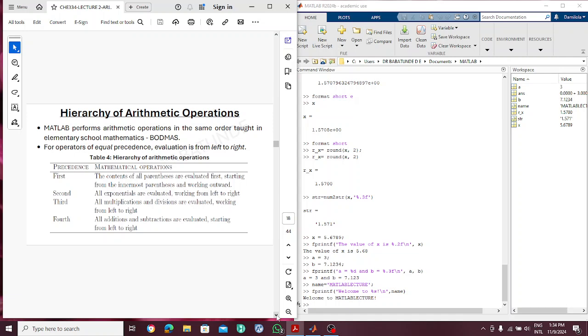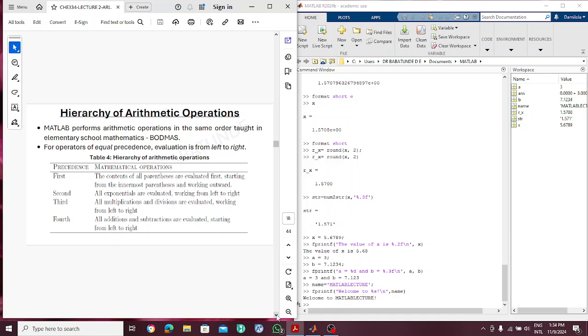Then after doing the computation for the parentheses, the next thing that is of higher precedence is the exponential, otherwise known as order. So if there are many exponential terms, it's going to work from left to right. So it treats the exponential term on the left before it treats the one on the right.